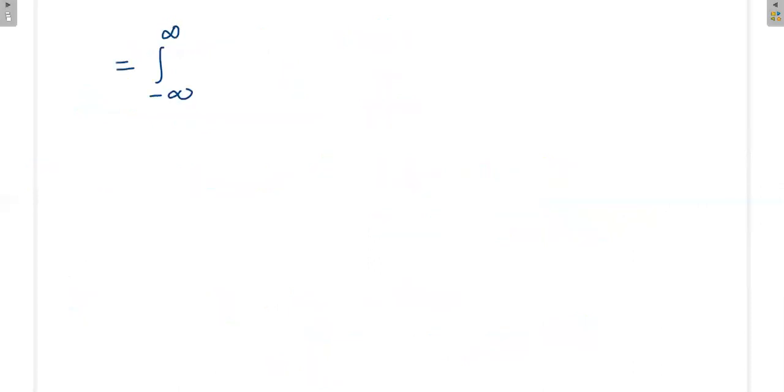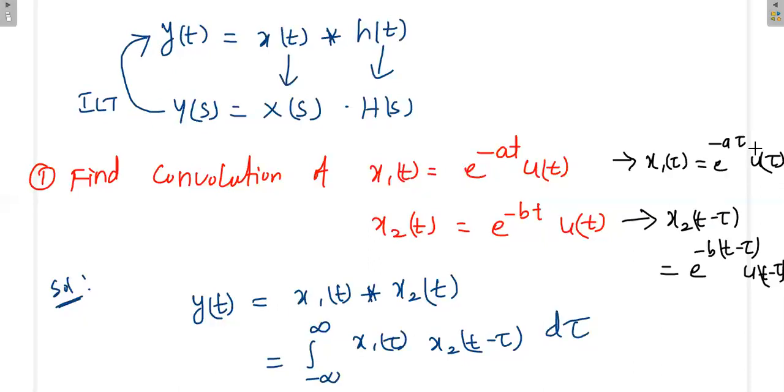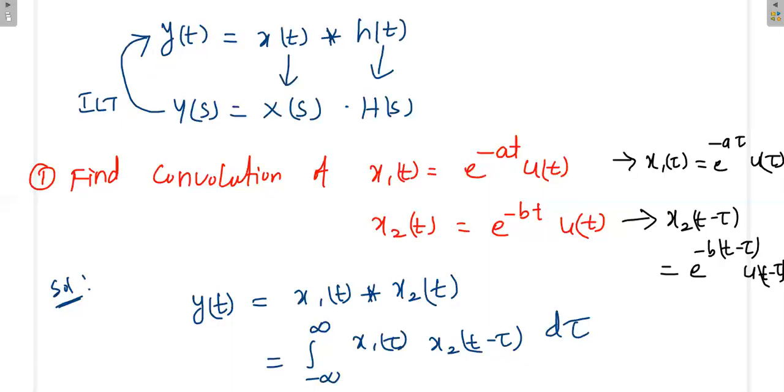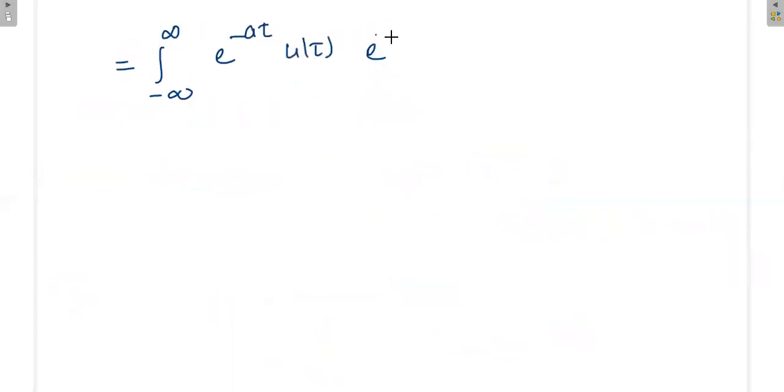So the integral of e power minus a tau u of tau, times e power minus b times t minus tau, u of t minus tau, d tau.